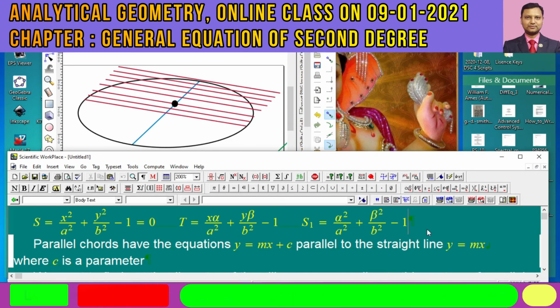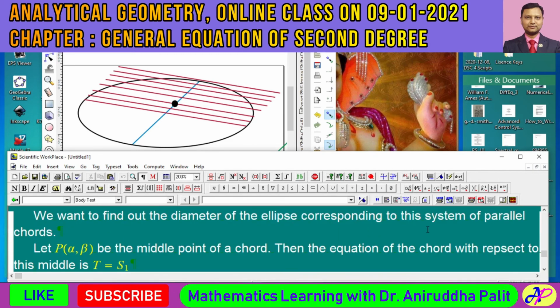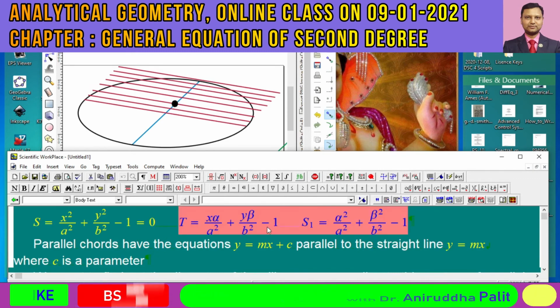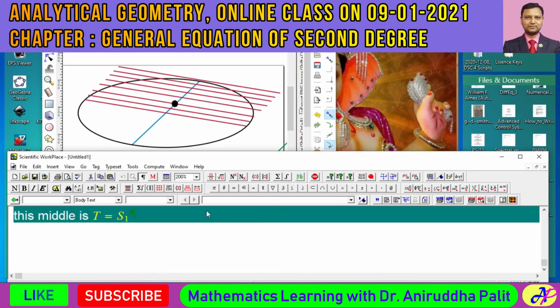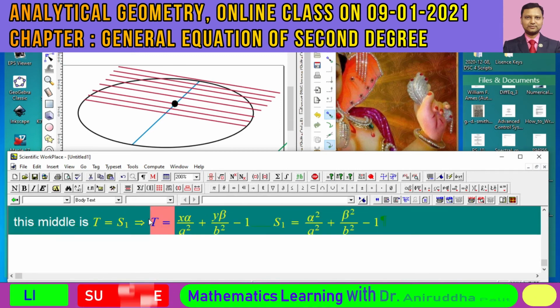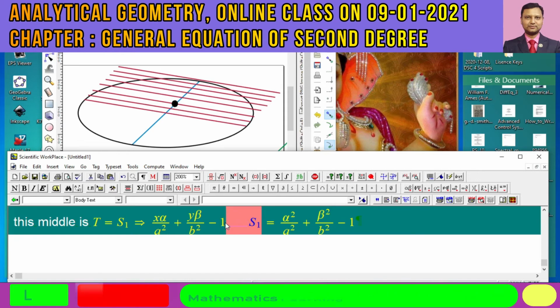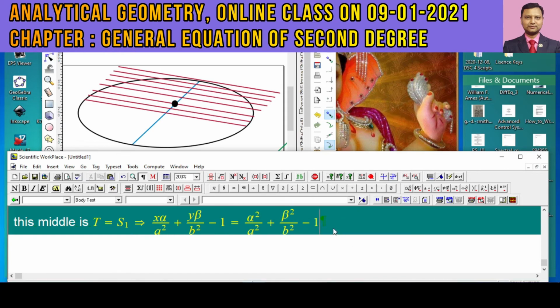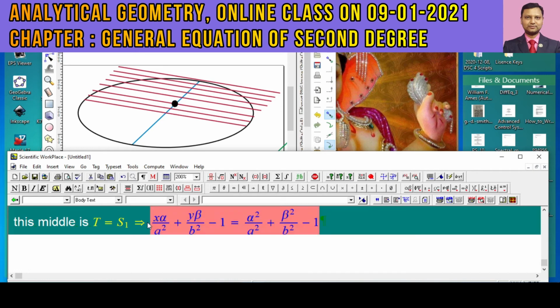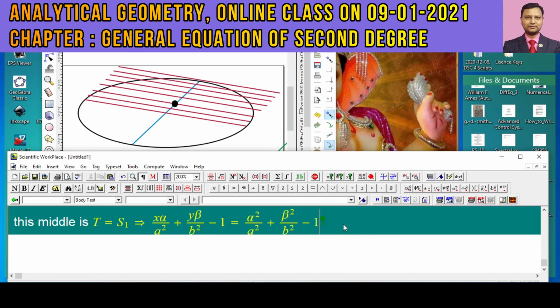Therefore, T is equal to S1 formula. Let me copy these two expressions. T is equal to S1 would mean that this is the expression of T, and this would be the expression of S1. So we will get this kind of equation.